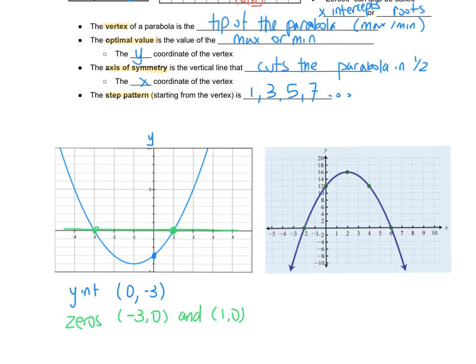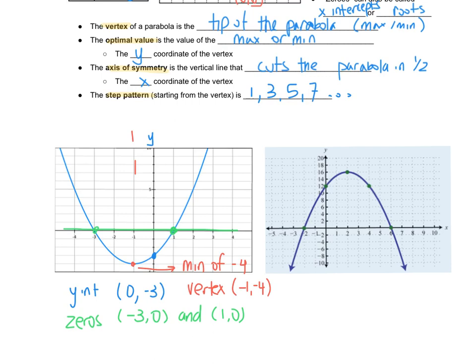Okay, let's look at the vertex. My vertex is right here, and it is at -1, -4. And what this means is that my vertex is a minimum because it's the lowest point possible on my parabola, and the minimum value is -4.